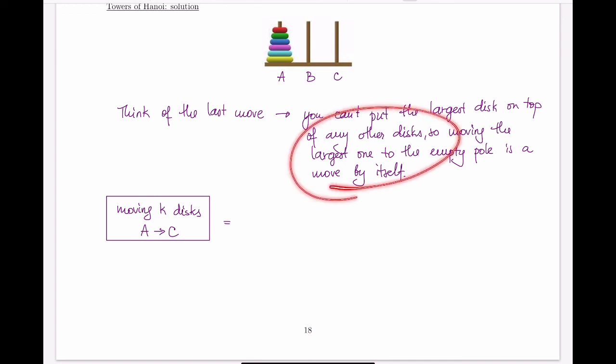Again, because the largest disk has to move all by itself, in order for me to move it, I had to move the top K-1 disks off of this pole first. So what I first have to do is move K-1 disks from pole A to pole B.